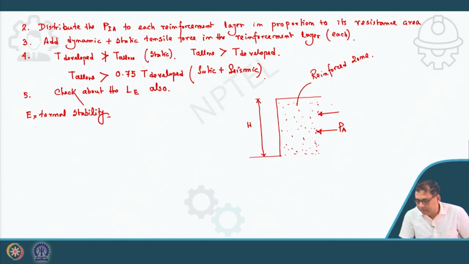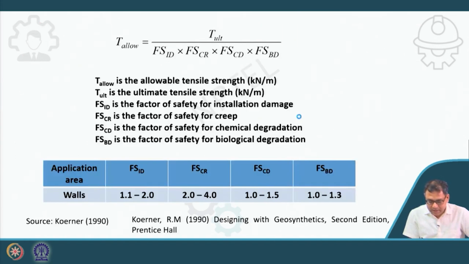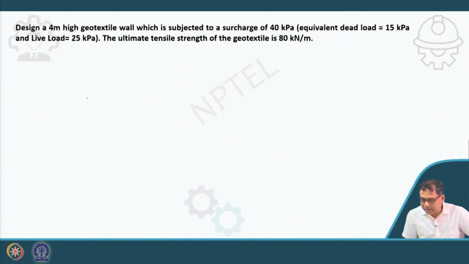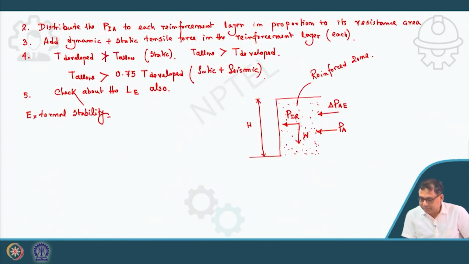Now, for seismic, del PAE will act, and the weight of the reinforced zone will act, and the inertial force, that is PIR. It was PIA before, this is PIR. And obviously, this is the length of the reinforcement. Now, it is not the failure zone, it is the total reinforced zone.